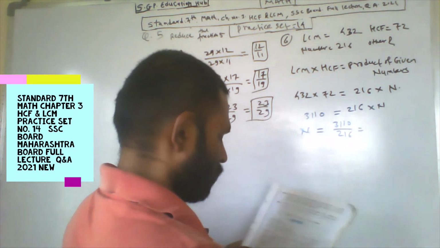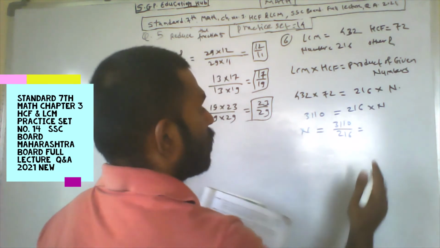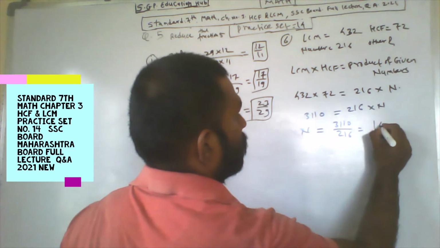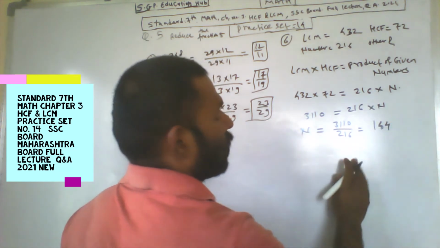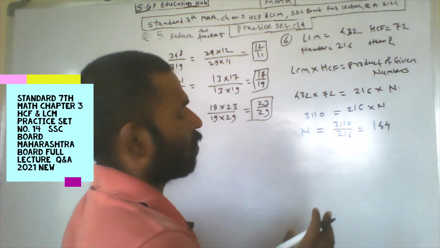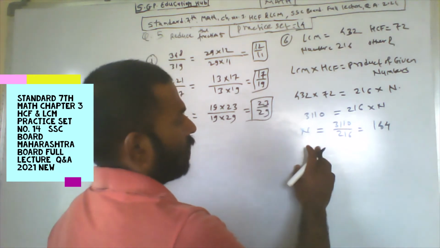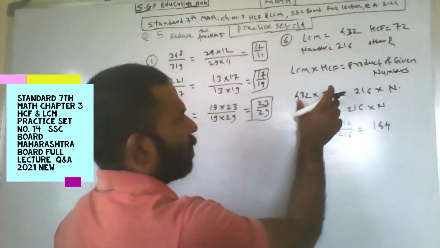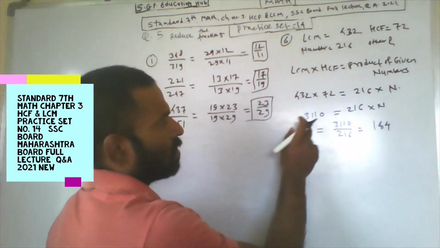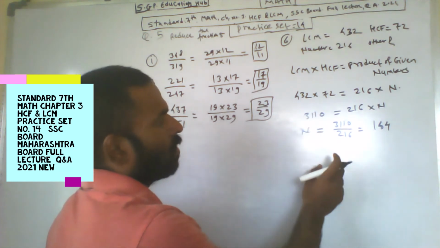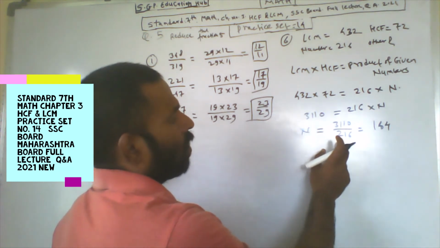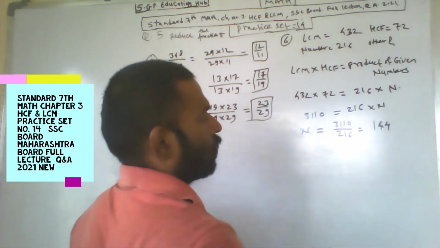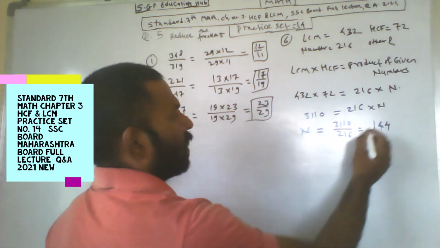The answer is 144. There is short time for us, so I already solved it, just do the multiplication and the division here. You get the answer 144. The other number is 144.